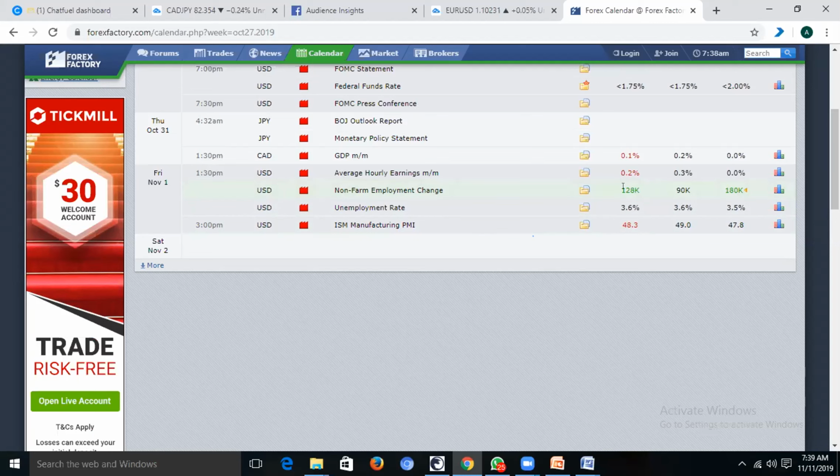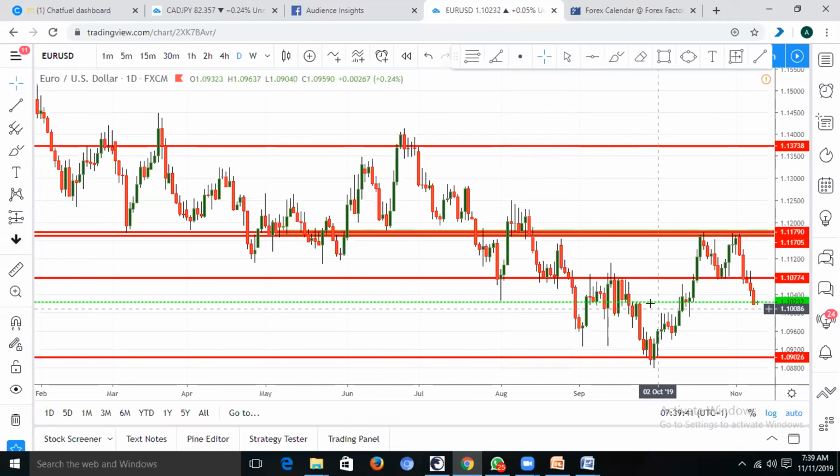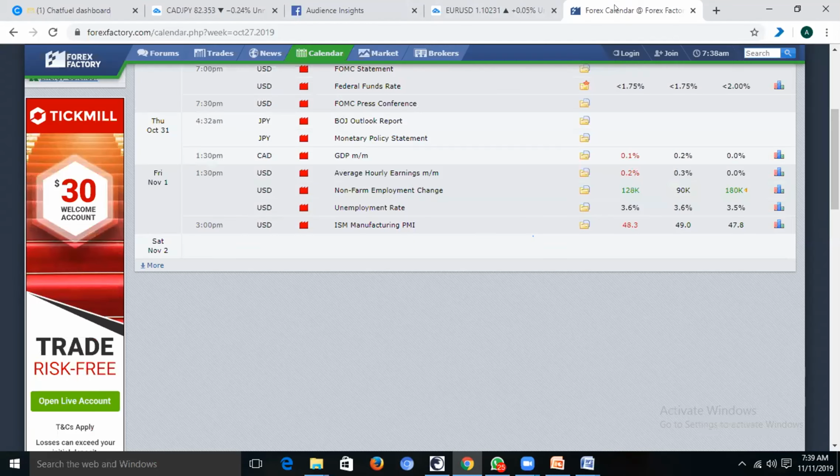So if you are trading Euro USD, it will make your Euro USD sell, but it will not sell forever.